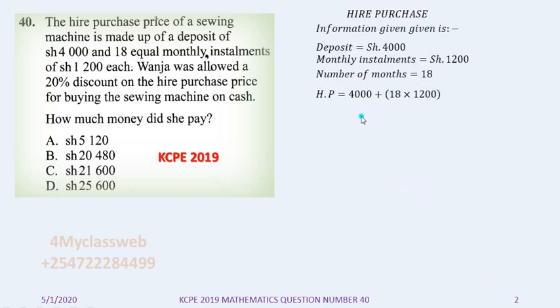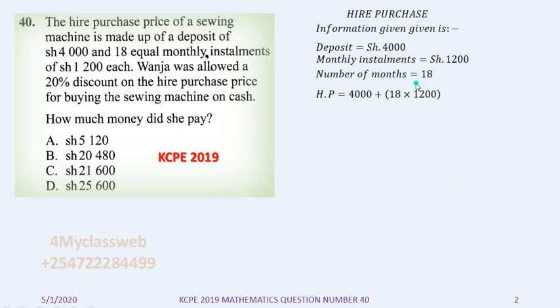Now, if we now want to calculate the higher purchase price, we shall take that deposit and then we add the monthly installment for a period of 18 months. Remember, we are doing this so that first of all we get this higher purchase price, because it is the one that will help us to get the discount, which we shall then subtract from that higher purchase price to get now the cash price.